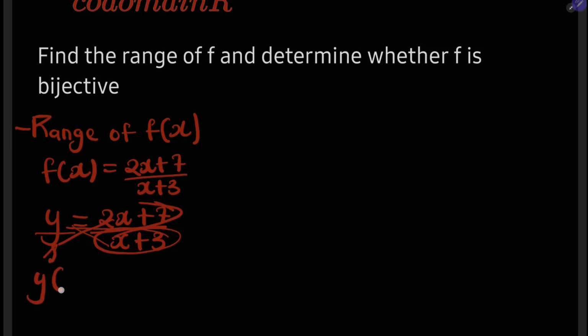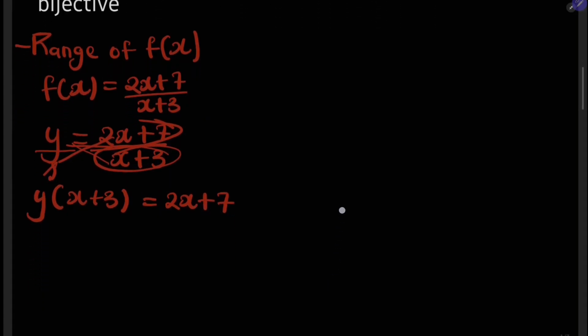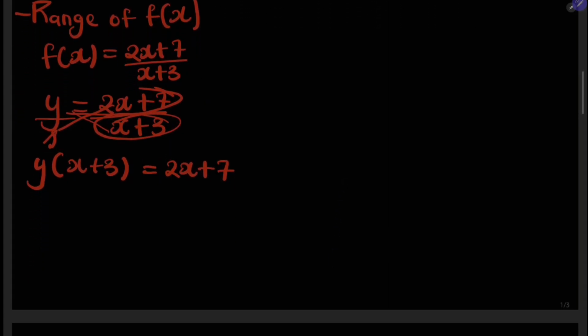So let's have y into x plus 3 equal to 2x plus 7. Okay, so we're going to open this bracket. That will be xy plus 3y, all that equal to 2x plus 7.